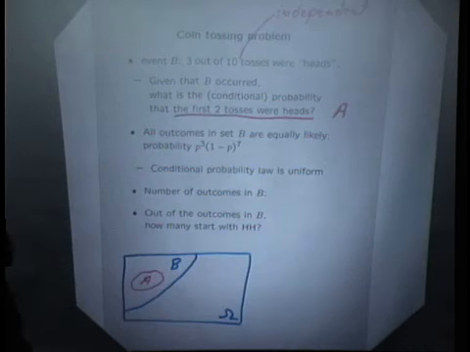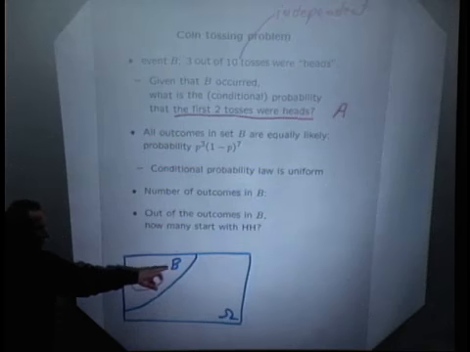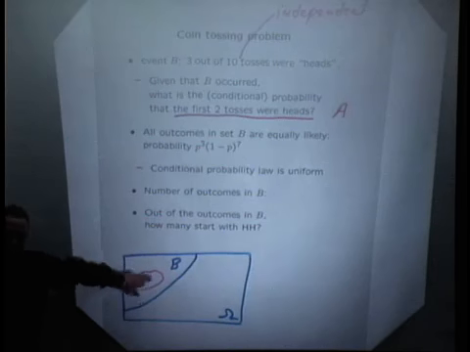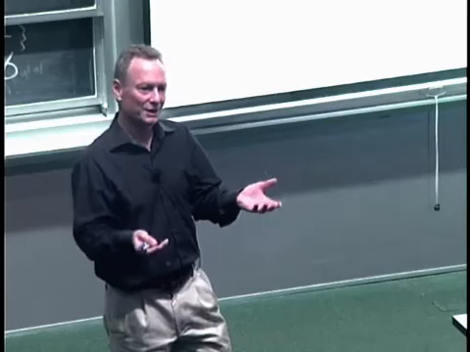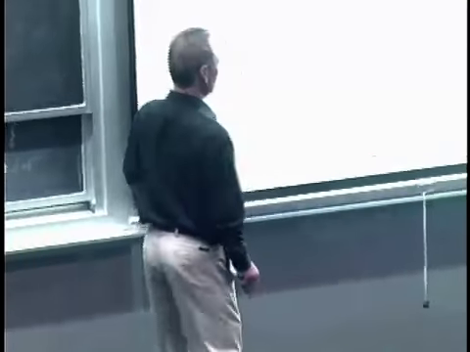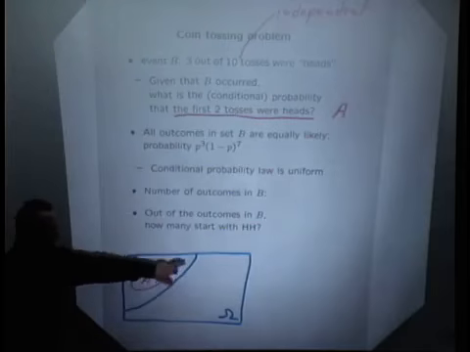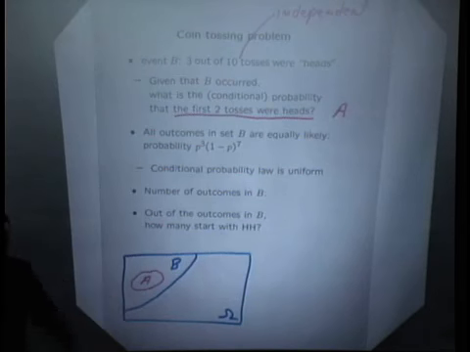Once we condition on the event B having occurred, what happens to the probabilities of the different outcomes inside here? Well, conditional probability laws keep the same proportions as the unconditional ones. The elements of B were equally likely when we started, so they're equally likely once we are told that B has occurred.